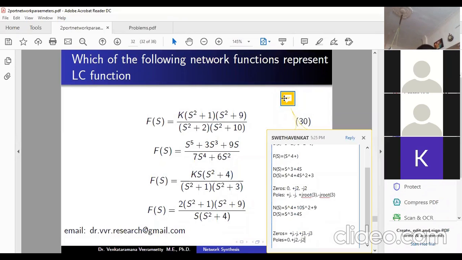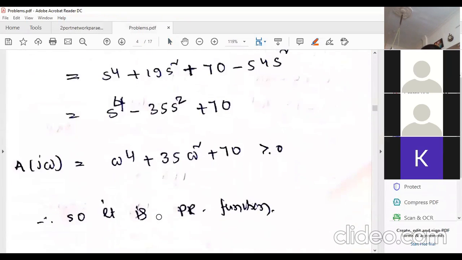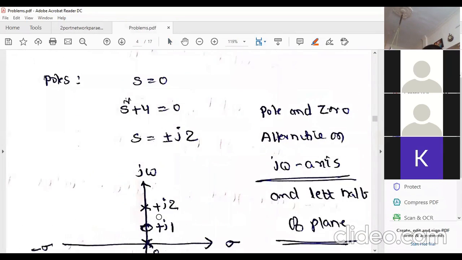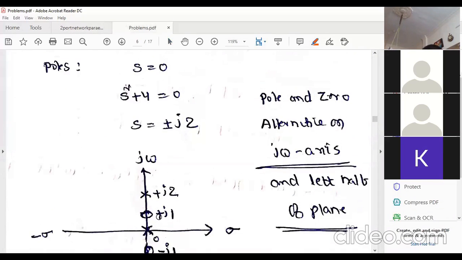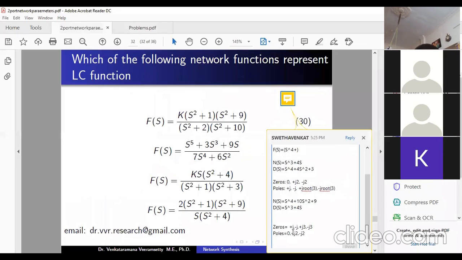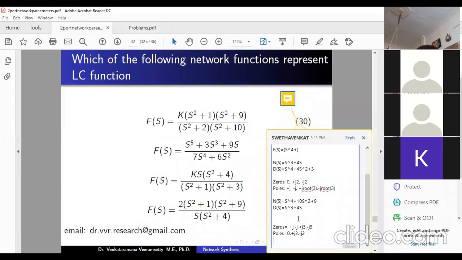Now mark all these on the s-plane. So here, the zeros are plus j1 and minus j1. Two more zeros are at plus j3 and minus j3.